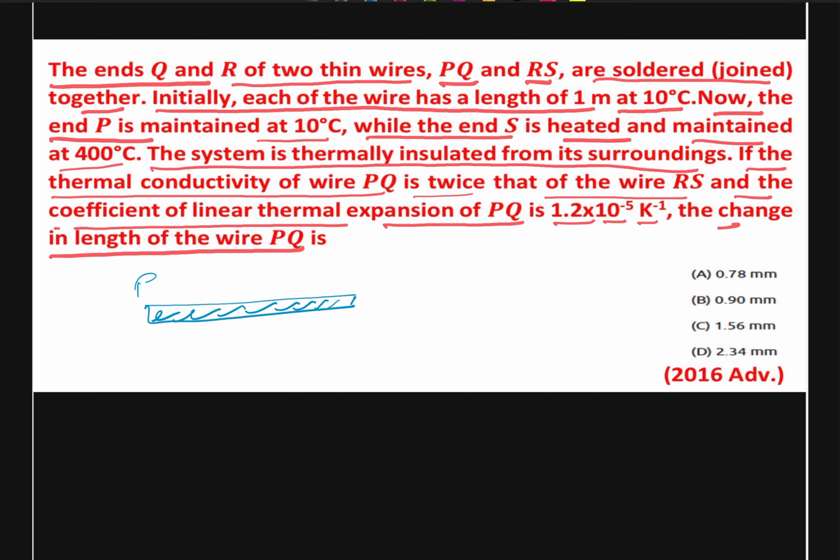This wire is our PQ, and there is another wire which is our RS, and they are soldered at the ends Q and R joined together, and it is said that each wire is having a length of 1 meter, and initially each wire is maintained at a temperature of 10 degrees centigrade, so initially we can say the entire system is at 10 degrees centigrade.